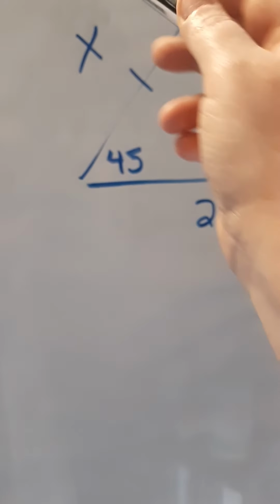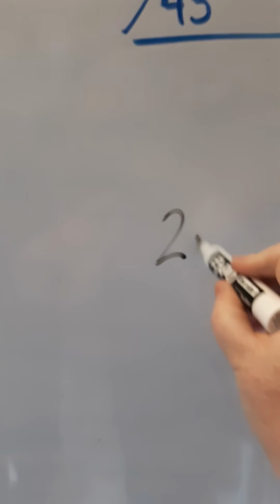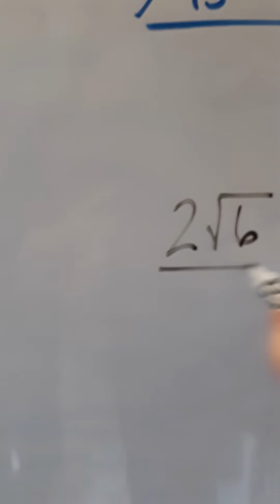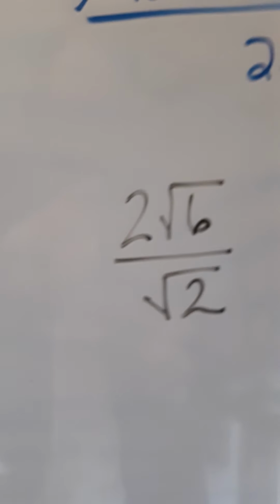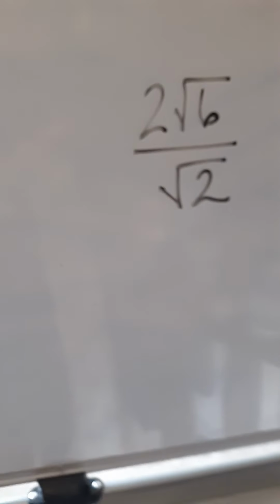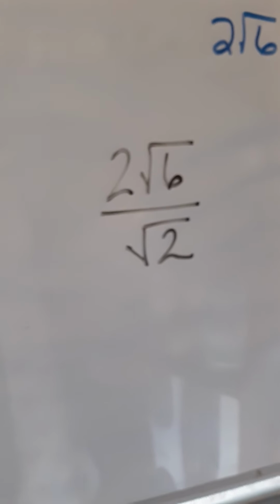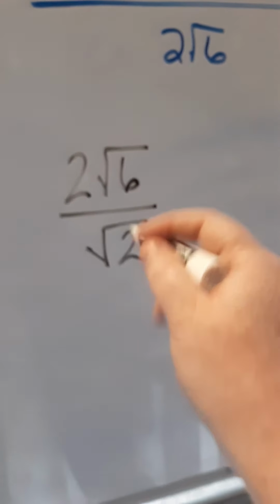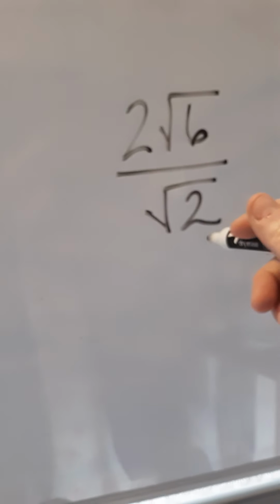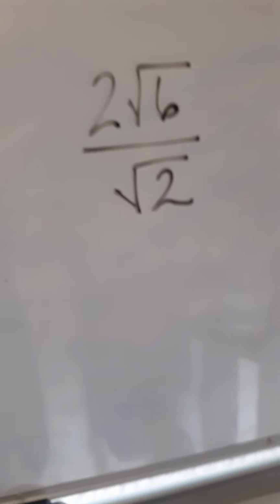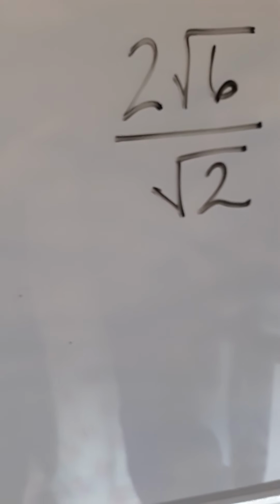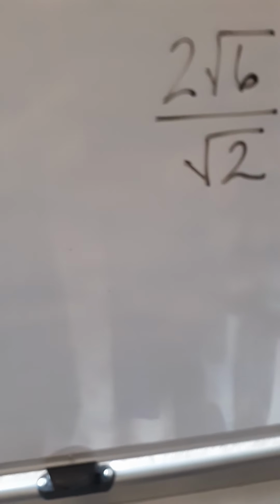So going backwards, we're going to take 2 square root of 6 and divide by square root of 2. A lot of people have been asking me about stuff like this. Can you cancel out the 2 and the 6? No, you can't cancel these because this is not 2 and 6. This is the square root of 2 and the square root of 6. Different animal. So there's nothing to cancel out here.